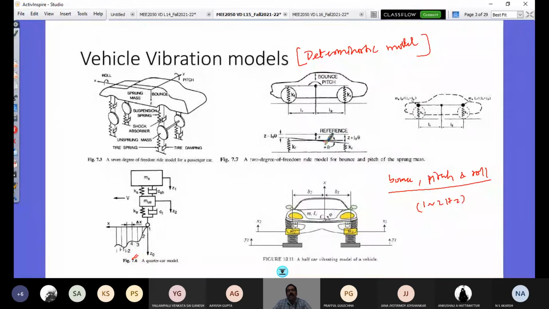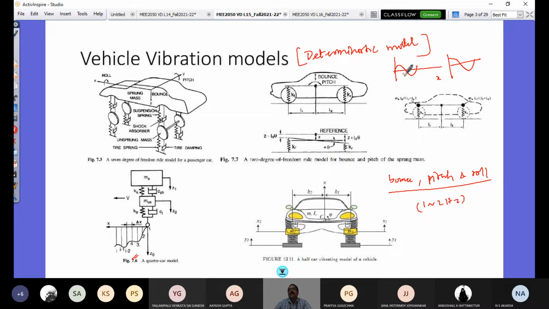However, to measure the real sensation of human perception, you have to account for the real road, and the real road can no longer be described by a deterministic model. What I mean by deterministic model is that you see a harmonic excitation given, which can be a sine function or a cosine function, right? These functions, as a function of x, give the road profile.